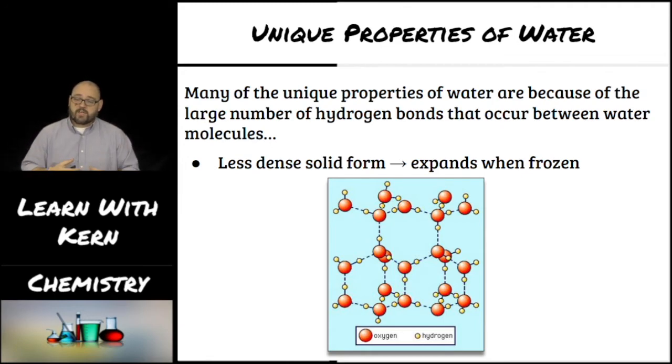Most all substances, their solid form is going to sink inside their liquid form. So if I have a solid chunk of lead and I stick it into hot melted lead, that solid chunk of lead is going to sink because it is more dense than the liquid lead. That's not the case with water. With water, when you freeze it, the solid form is less dense because it expands when it is frozen.